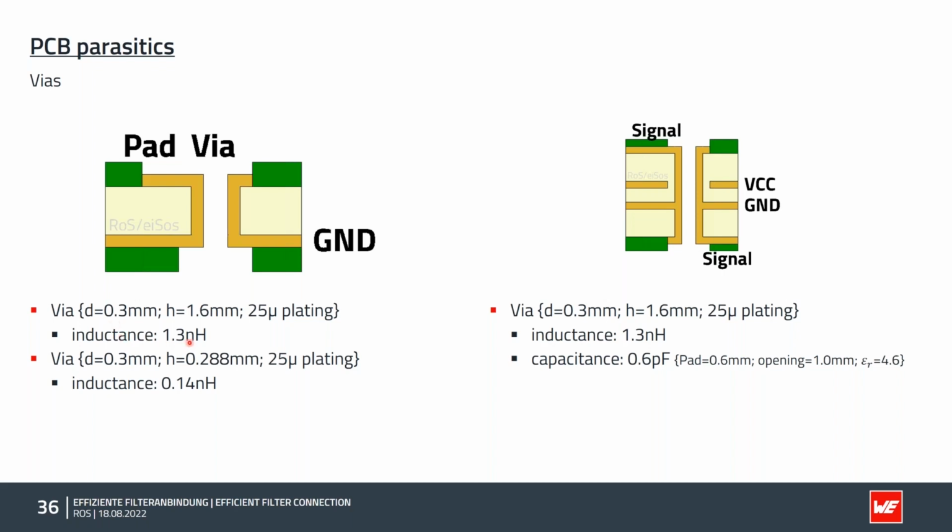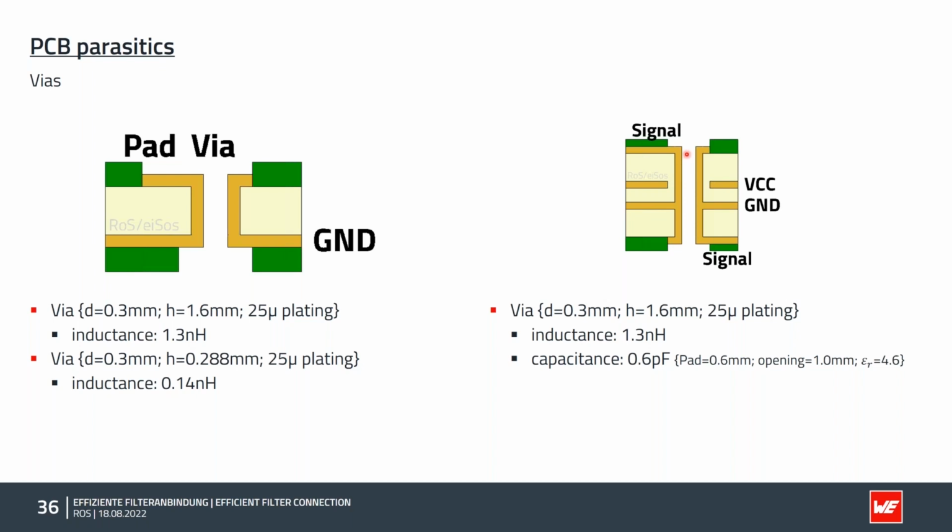Then you have an inductance around 1.3 nanohenry, for example. If you go down to a 0.3 millimeter round, you shrink it down to 0.14 nanohenry. That's important for a good working filter structure, as I will show you in the next slides.